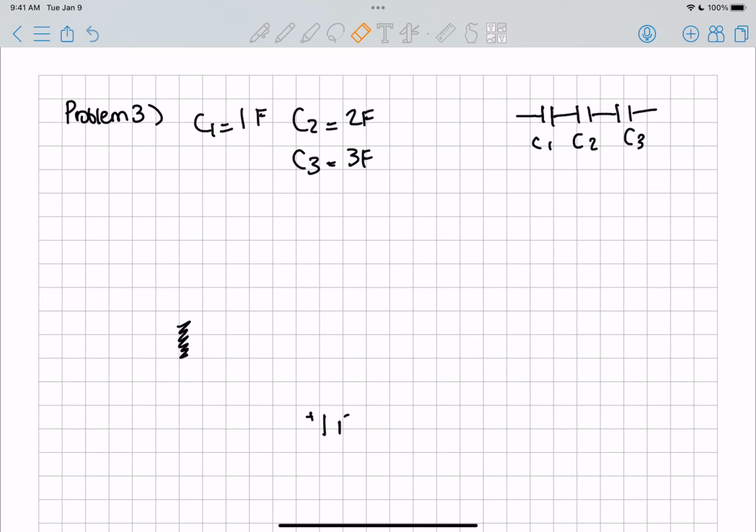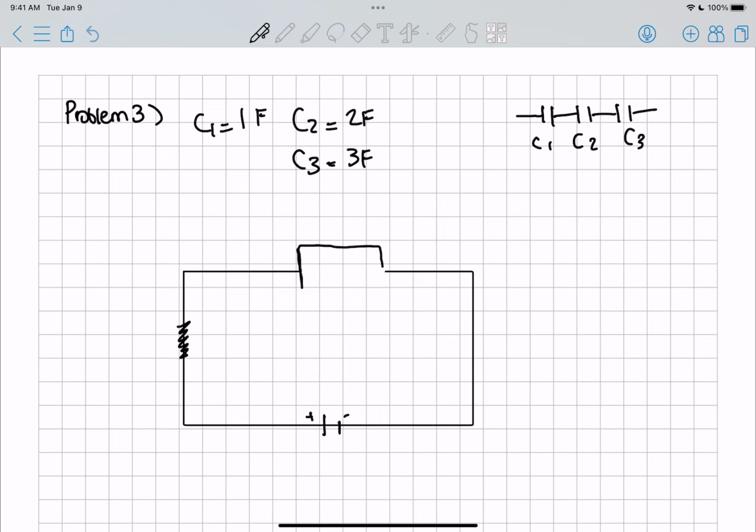And then we have this branch, so I like to call it a branch. And another resistor here, for example. R1, R2, R3, and then R4.